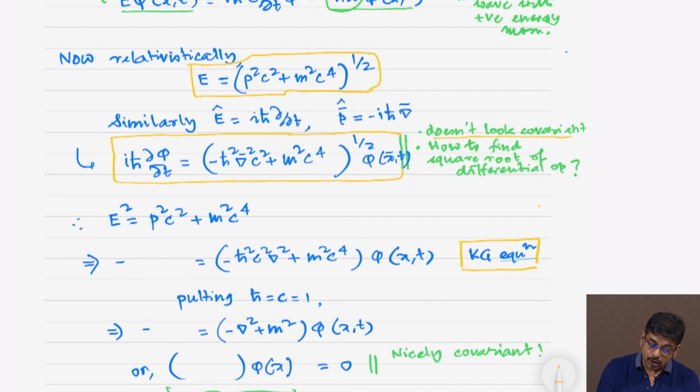So, therefore, instead of taking E equal to (p squared c squared plus m squared c to the power 4) to the half, let us rather take the squared form of this equation, which is E squared equal to p squared c squared plus m squared c to the power 4.